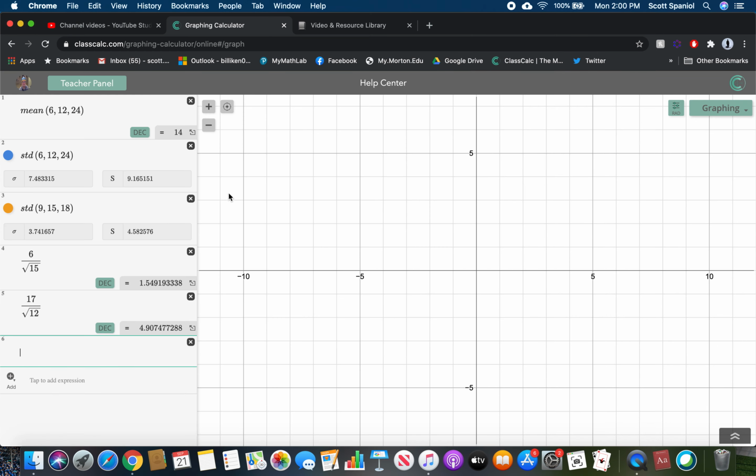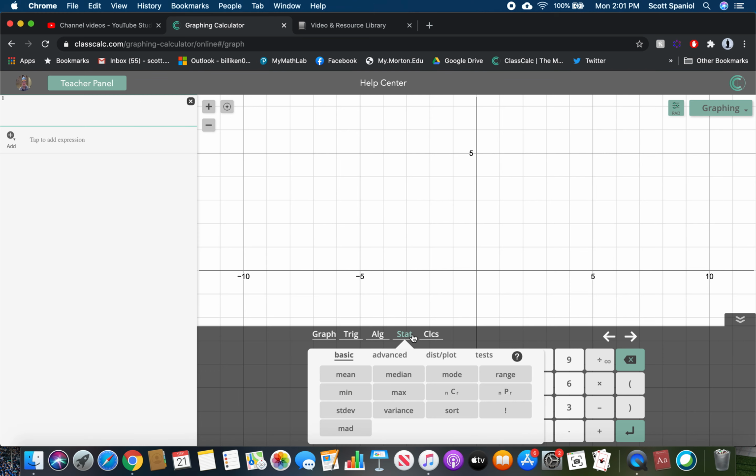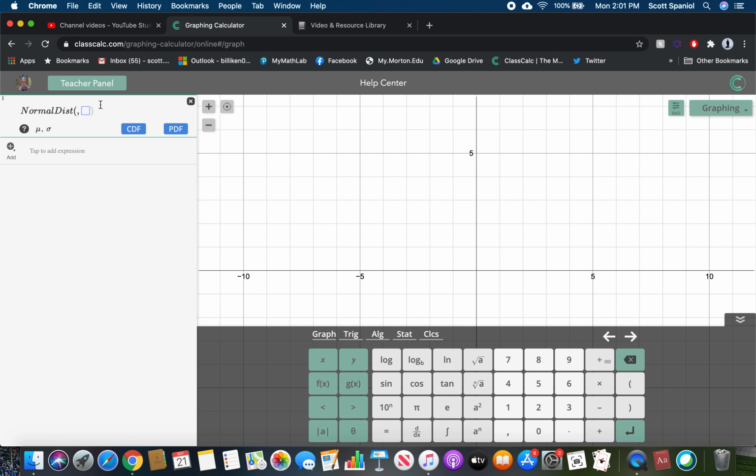So if we're dealing with this situation, let me get rid of all these extra things I've got in my calculator. What I can do is a normal distribution, which you can find in the menu, or you can just type it out. Go to Stat, Distributions and Plot, Normal Dist, and then put in your mean, which we found to be 64, and your standard deviation, which was 17 divided by the square root of 12.